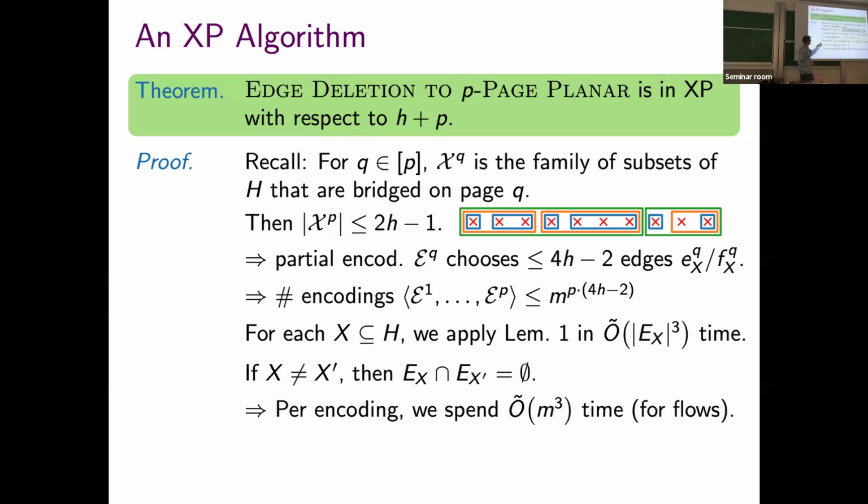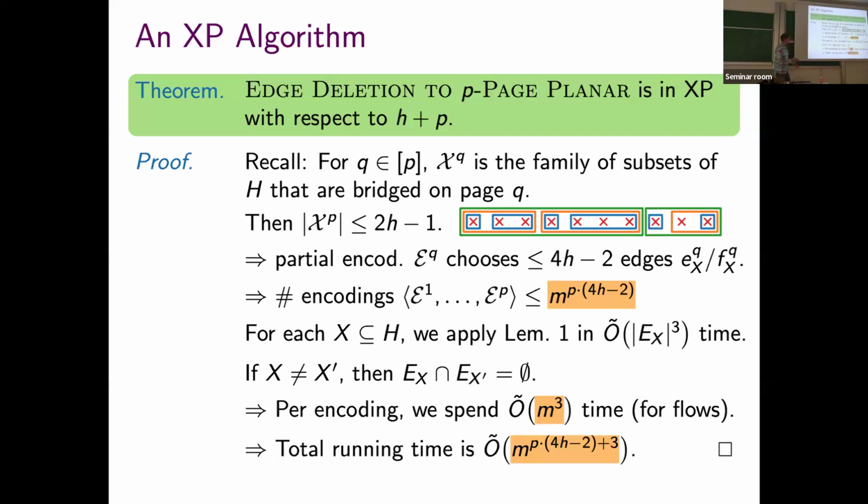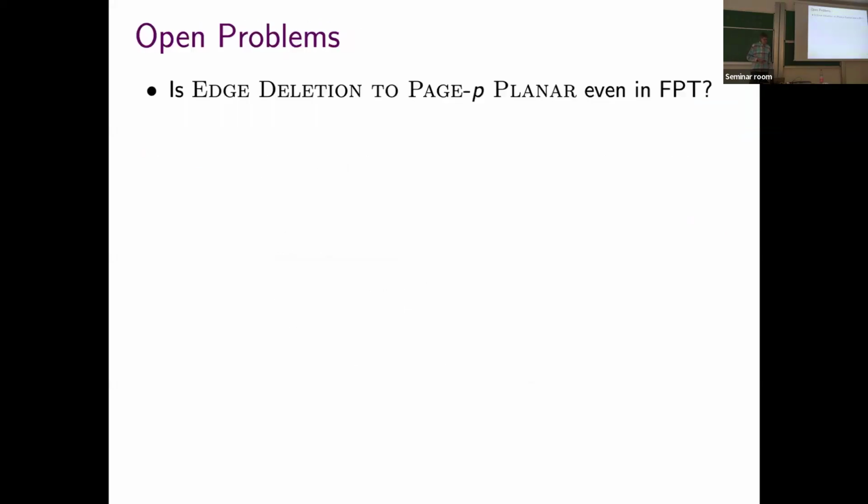Although we have to apply our lemma 1 several times. Okay, and now we just put it together, and we get total running time that is XP in H times P or H plus P. It's the same. Good.